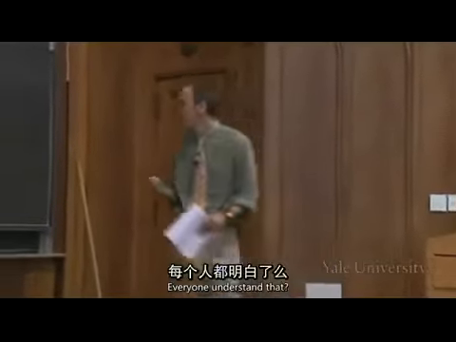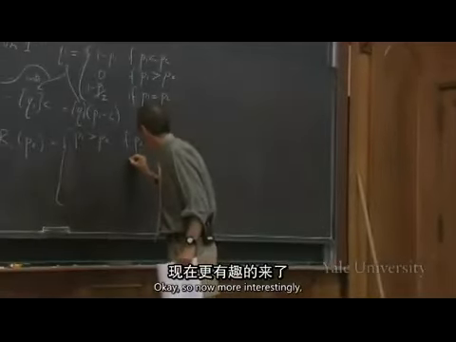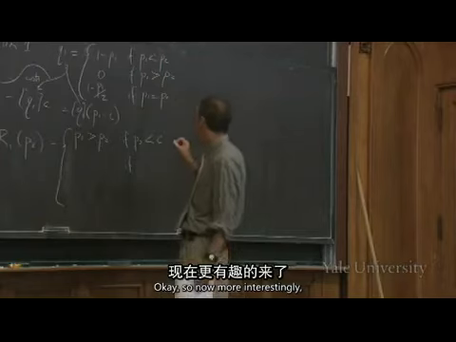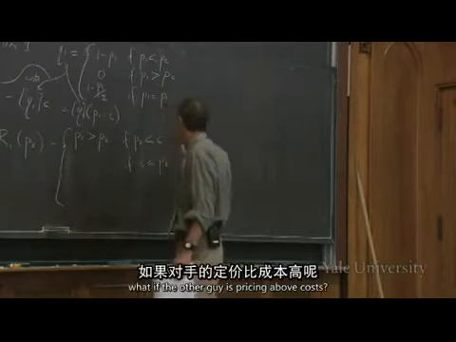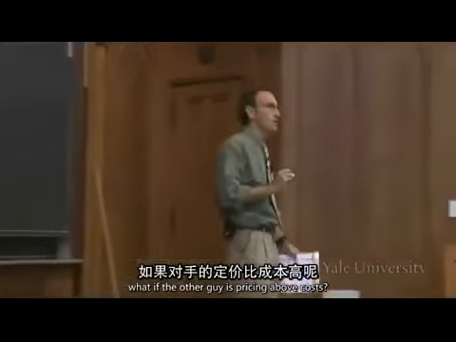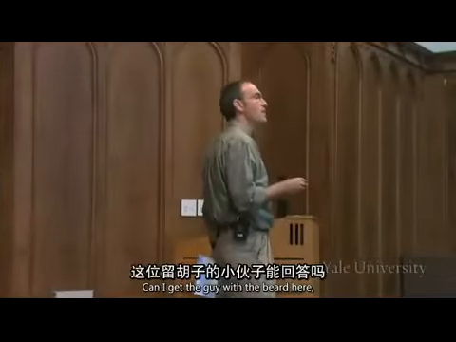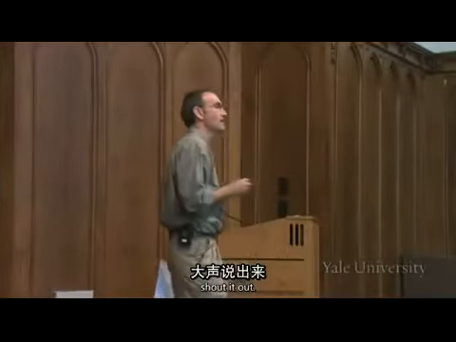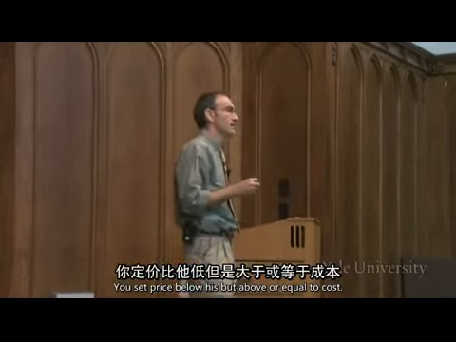All right, OK, so now, more interestingly, let me leave a little gap here. What if the other guy is pricing above costs? What do I want to do if the other guy is pricing above costs? Can you get the guy with the beard here? Shout it out, because remember that mic isn't amplifying. You set price below his, but above or equal to cost.